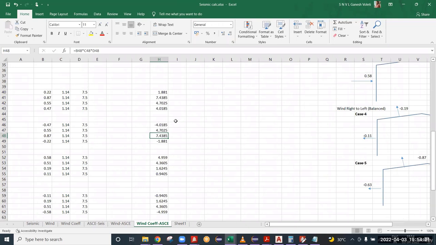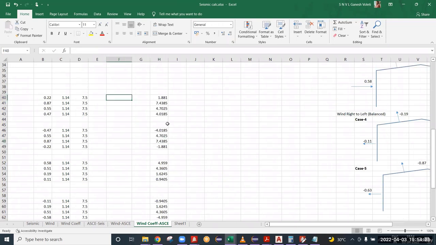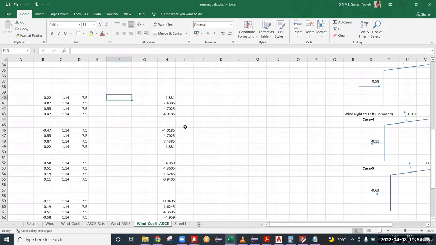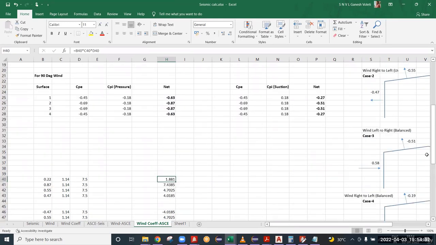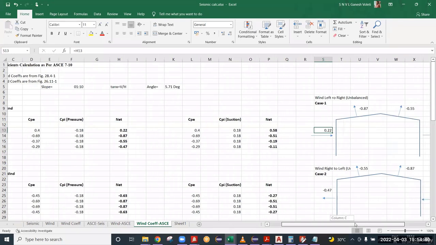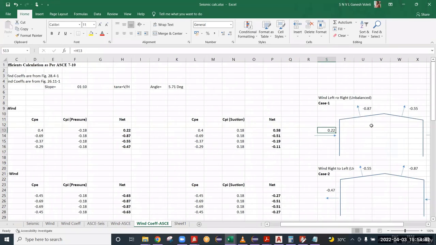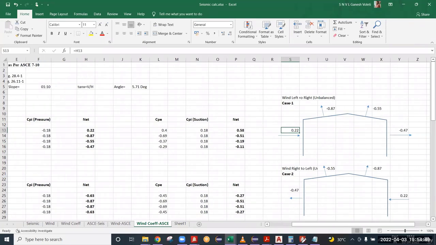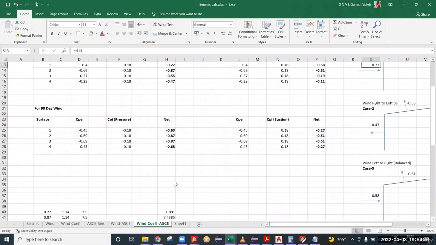Okay. Clear. So now the doubt comes. Here this value you have to apply. If you see case 2, this 0.22 value you have to apply for the left column. This 0.87 value you have to apply on the left rafter, the next on the right rafter, and the last value is for the right column. Like that you have to apply.